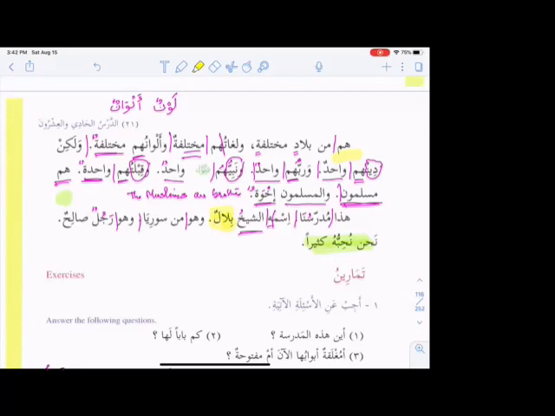Wa huwa min Surya. And he's from Syria. Wa huwa rajulun salihun. Huwa mubtada, rajul khabar, salih is your naat for rajul, and he's a very pious person. Nahnu nuhibbuhu kathiran, and we love him very much.